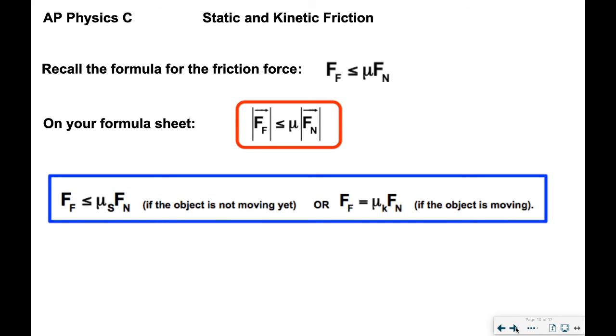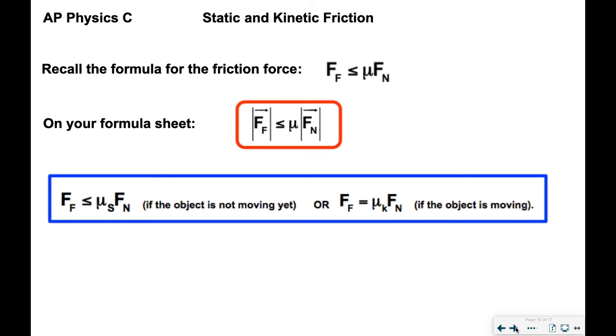So when we look at an object that is not moving, being held stationary, we find that the friction force is less than or equal to mu static times Fn.